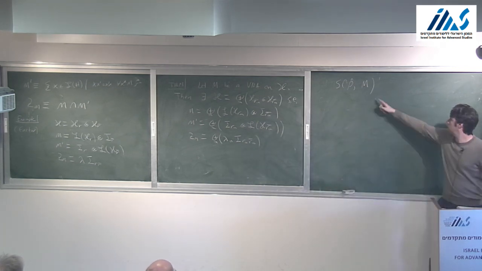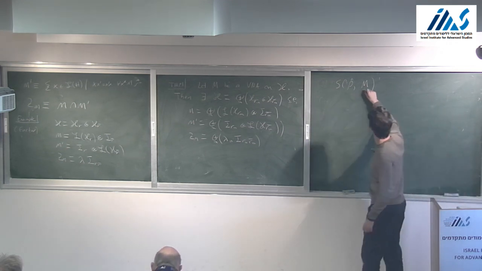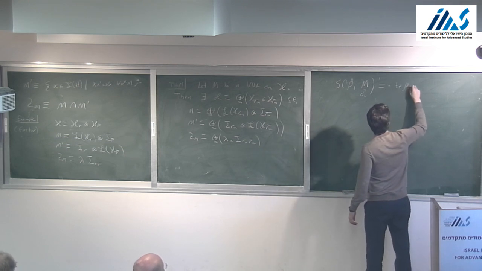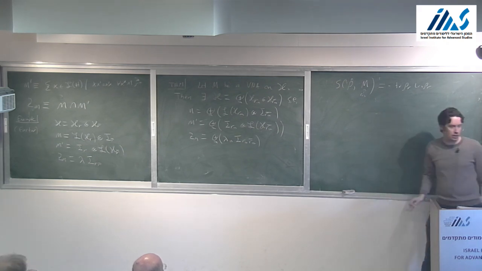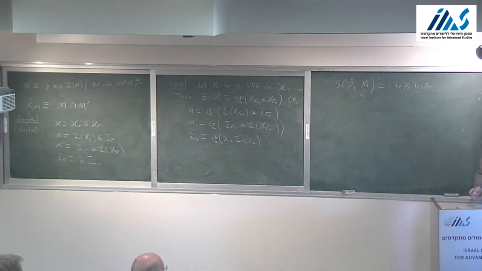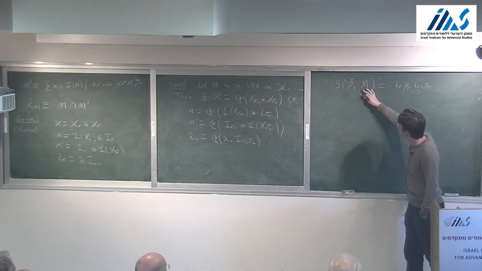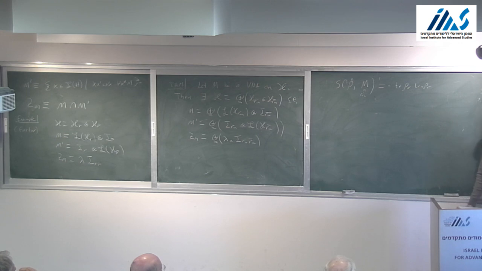When M is a factor, it's just the usual thing: minus trace of rho R log rho R. But there is a definition of von Neumann entropy for any von Neumann algebra M, and I'm going to tell you what it is, because I need it to write the correct version of the Kannagi formula.